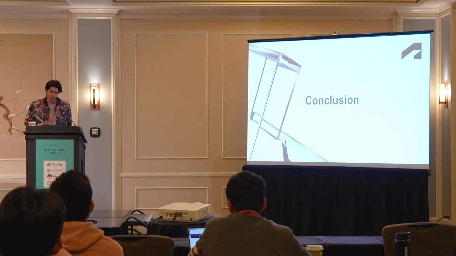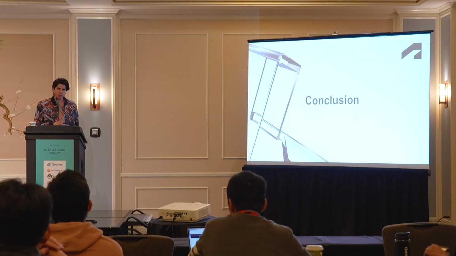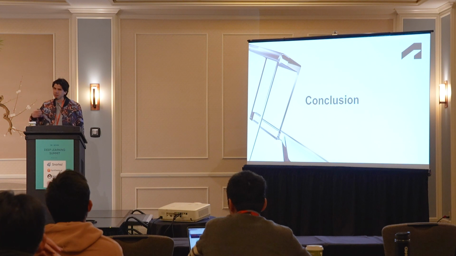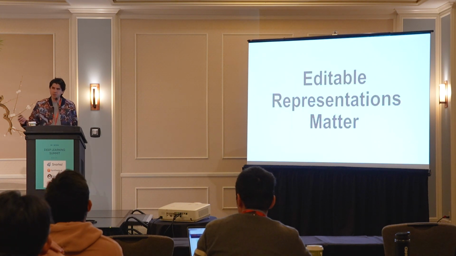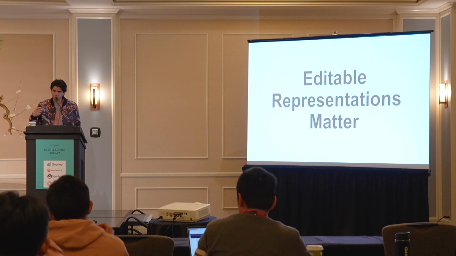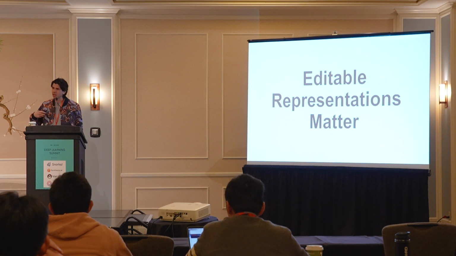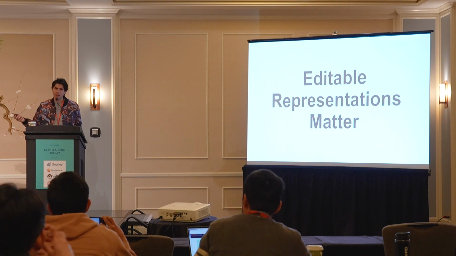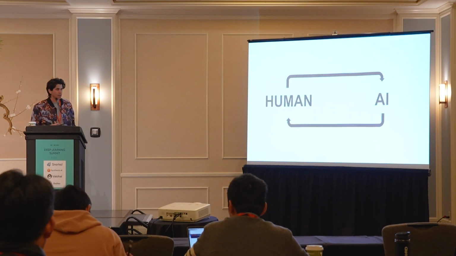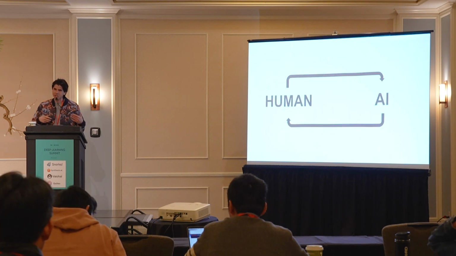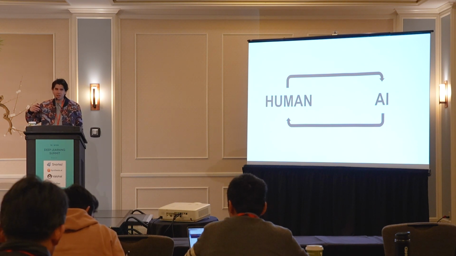So I'm going to wrap up now, and I just wanted to talk about a couple of points that motivate the work we're doing. One is that editability and editable representations really matter. The reason is that when we think about how we're going to interact with these learning-based or AI systems, we want the output to be something that humans can actually utilize and edit, make changes to, and then the AI can take that in, create some other output, and that loop can go around and around.